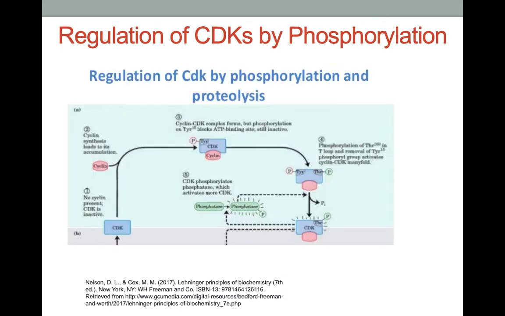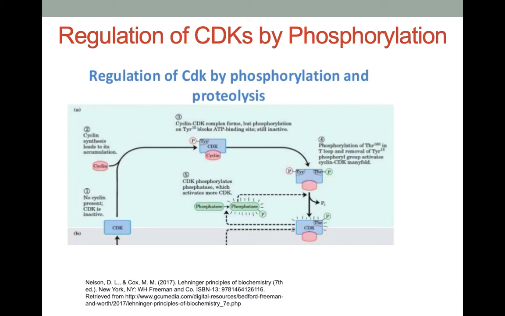So if we look at the first method, regulation of CDKs by phosphorylation. The residues that are mainly affected here are the threonine 160 and tyrosine 15 residues of CDK2. When threonine 160 is phosphorylated, its conformation changes a little bit, and it opens the catalytic site on the CDK by moving an auto-inhibiting T-loop away from that binding site.